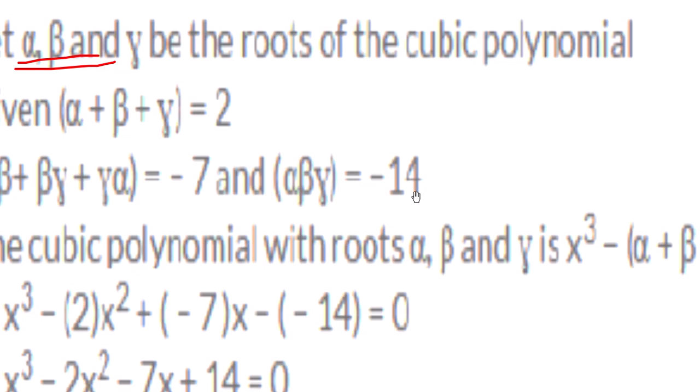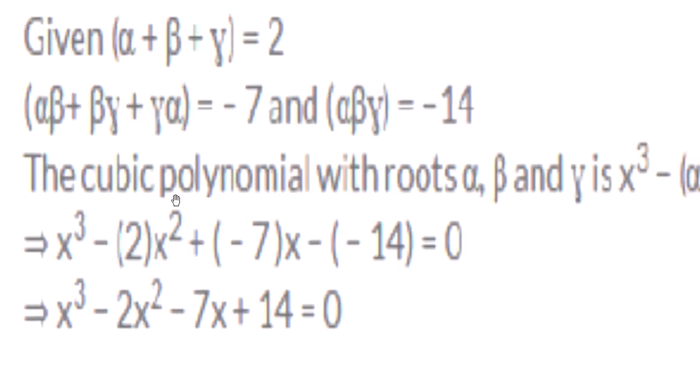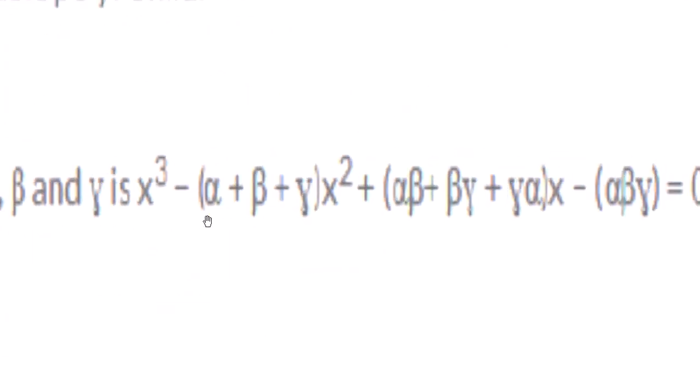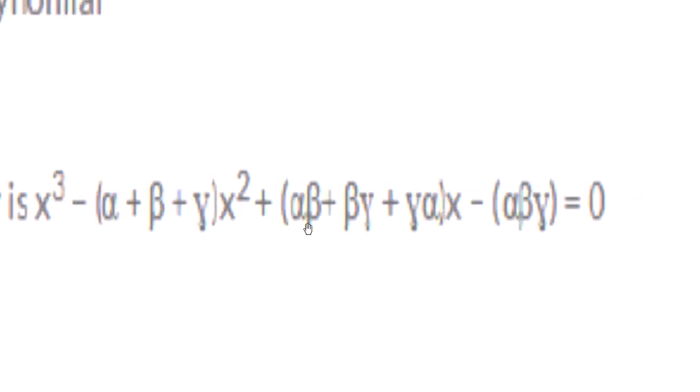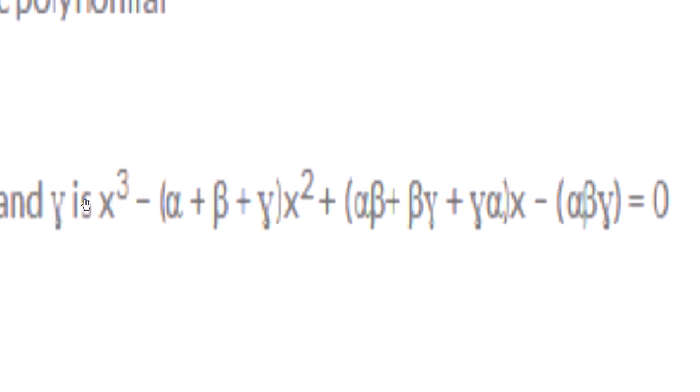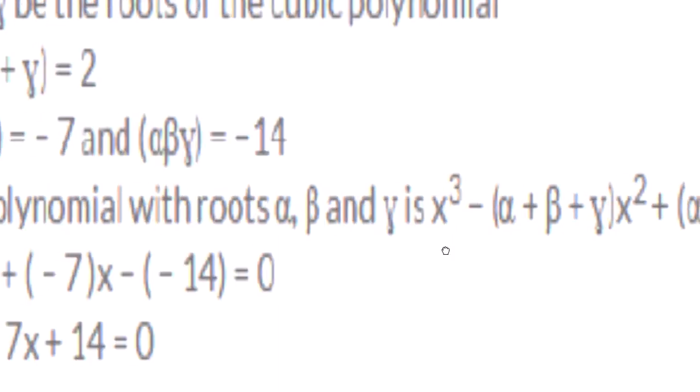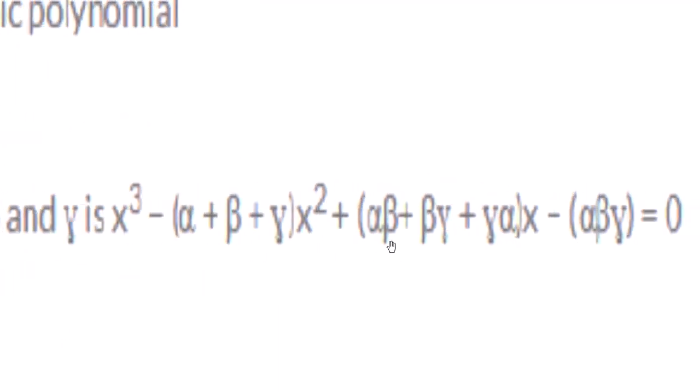Product of 3, minus 14. Then what is the formula for a cubic polynomial? X cube minus sum of roots x square plus product of roots taken 2 at a time into x minus product of all roots. So plus minus plus minus. This is the expression for a cubic polynomial.